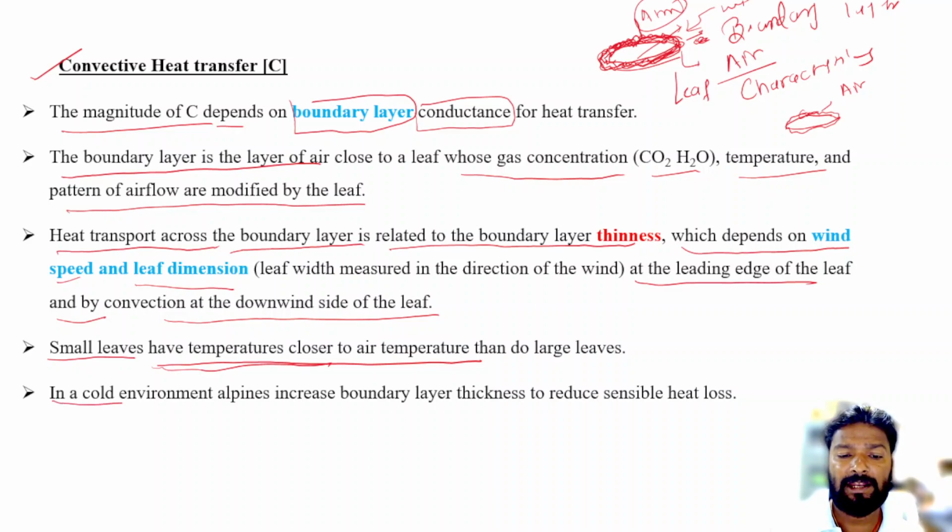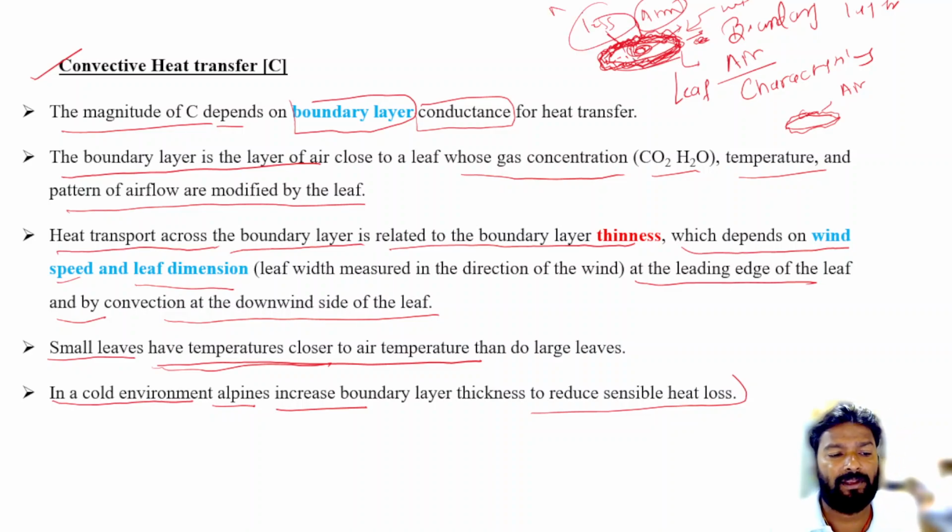And in a cold environment, like alpine species, increase the boundary layer thickness to reduce the sensible heat loss, because they require heat for their metabolic processes. So they increase the boundary layer, so there will be less heat transfer between the atmosphere and canopy.